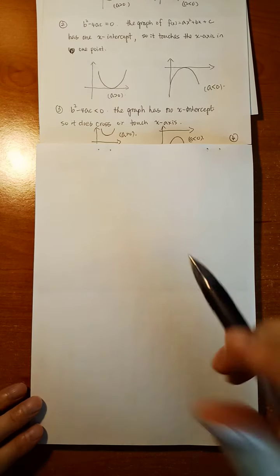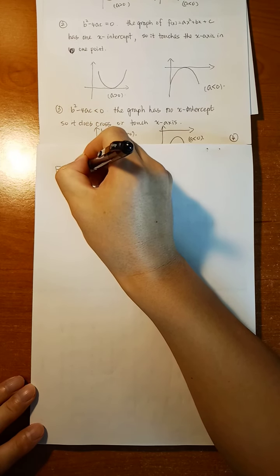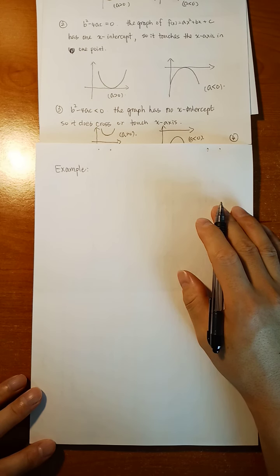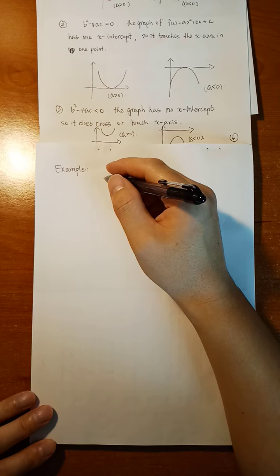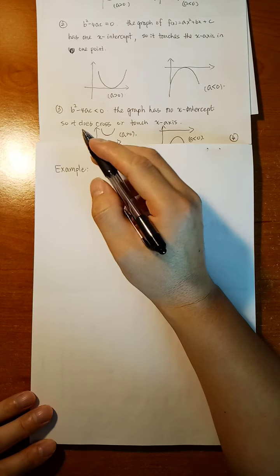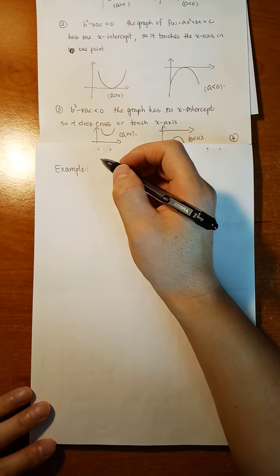Okay, so let's try to do the problem. Let's make some example. The example in the textbook still uses negative 3x squared plus 6x plus 1. The solution is not an integer.